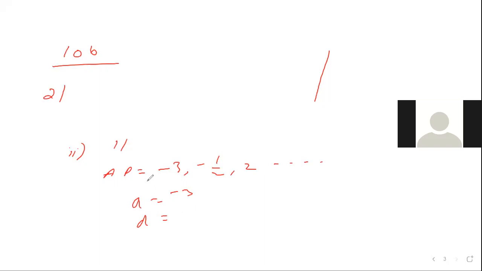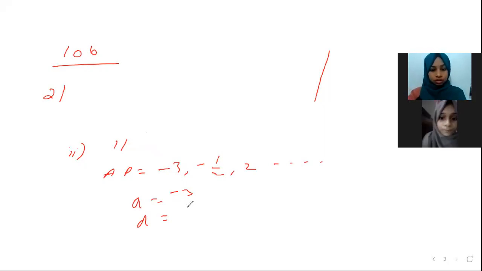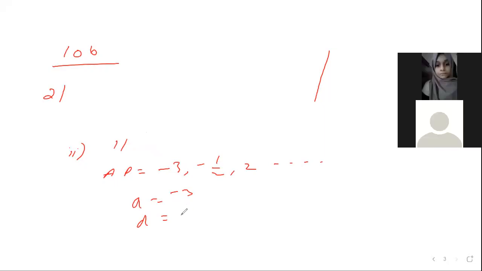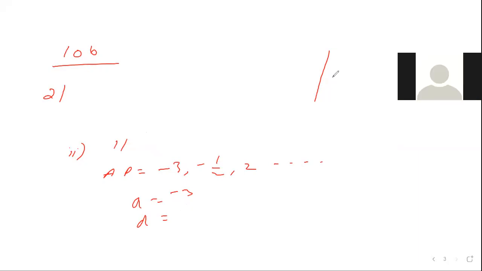My question is not the 11th term. What is D? Okay, anybody please, what is D here? 2.5. Okay, there's no confusion. Avoid the confusion, that is why I gave this question.